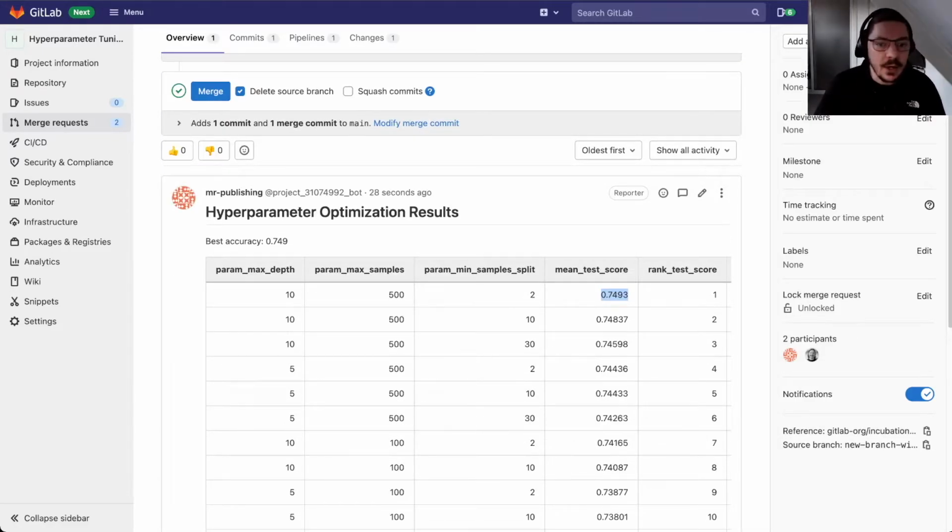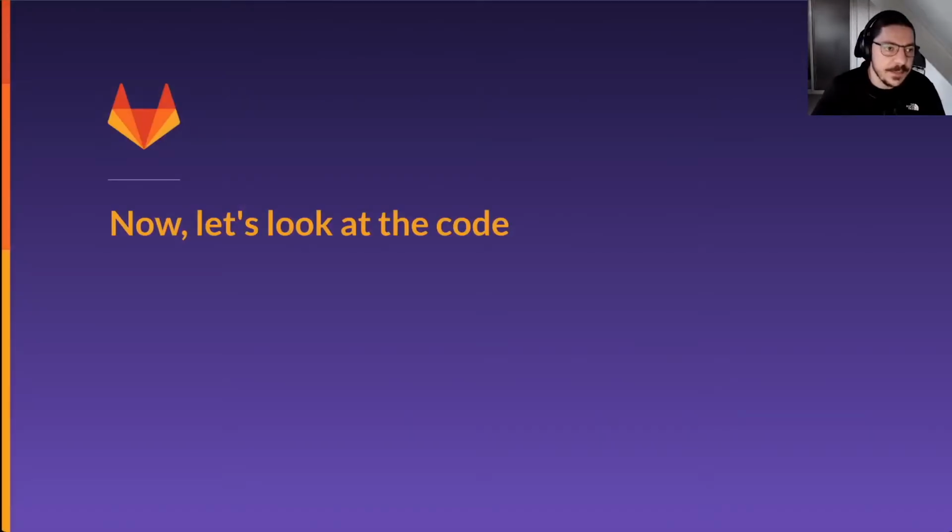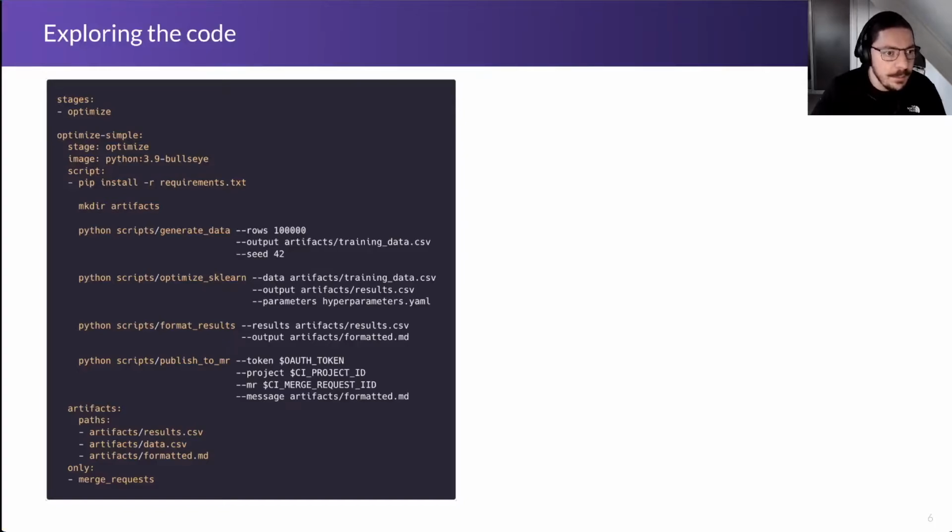And now I can go a bit over the code in itself. So this is a very simple pipeline. I start by generating fake data.